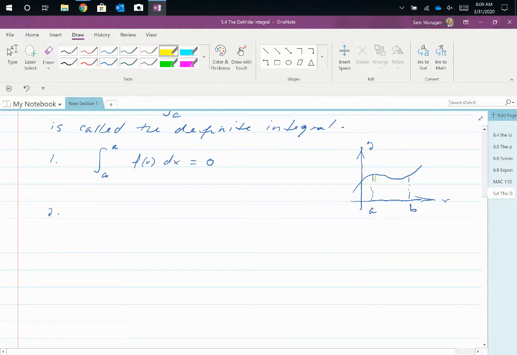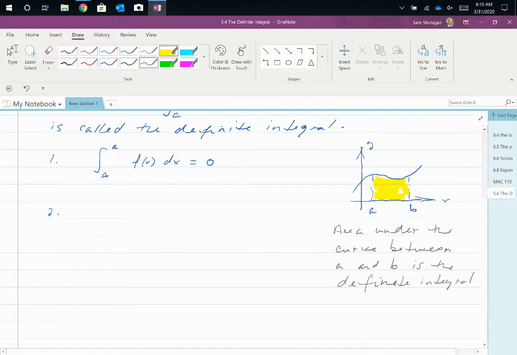That area under the curve between a and b is the definite integral.